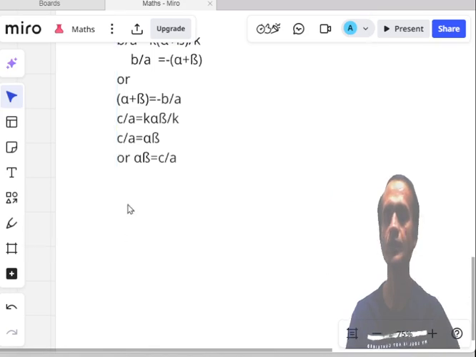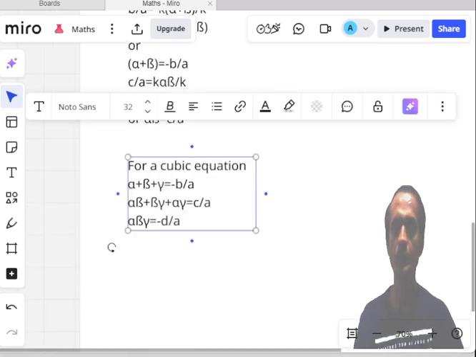So similarly we can find the relationship between the coefficients of a cubic equation and the zeros of the cubic equation. A cubic equation can have a maximum of three zeros, namely alpha, beta, gamma.